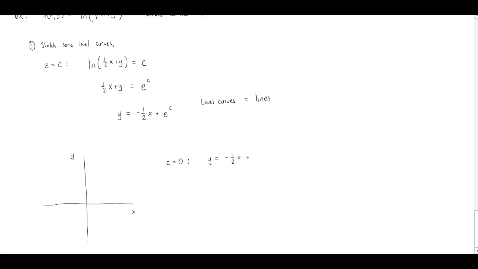To sketch this line, the y-intercept is at 1, and the slope is negative 1/2, so I'll go down 1 and over 2. So the first level curve looks something like this. This is at the height c equal to 0, or z equal to 0. Let's do just a couple more for now. Let's go out to say that c equals 1.